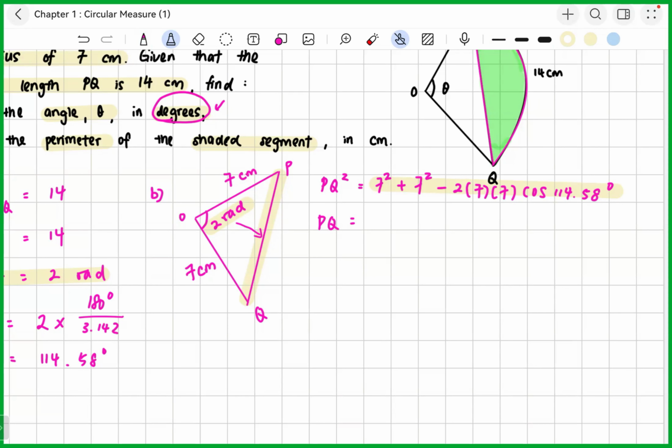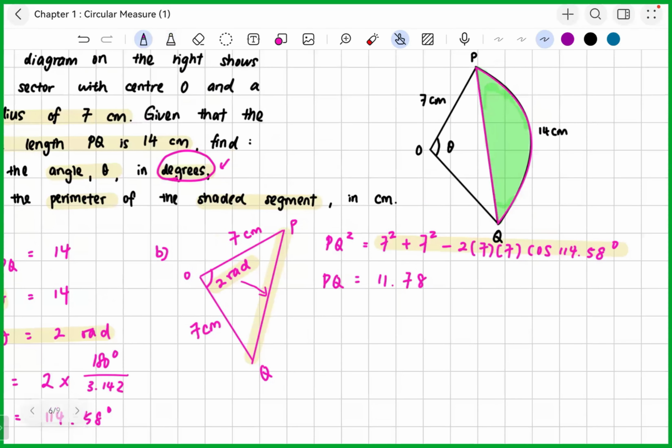So you will get 138.7644116 on the calculator. So please don't write this answer. All you need to do is just square root the answer. So you will eventually get 11.78. So just now we know the length of PQ is actually 11.78.